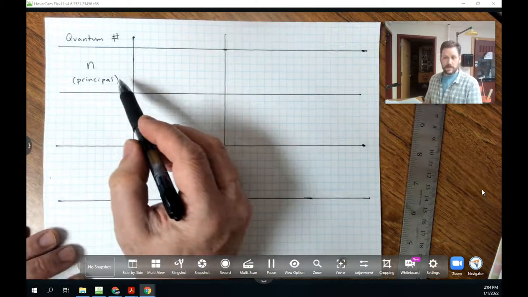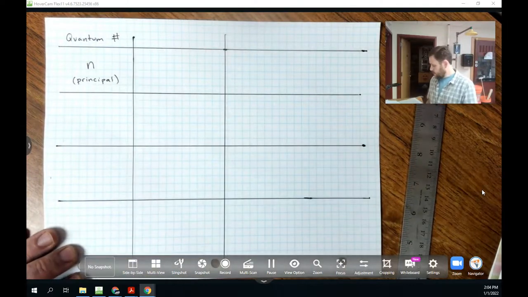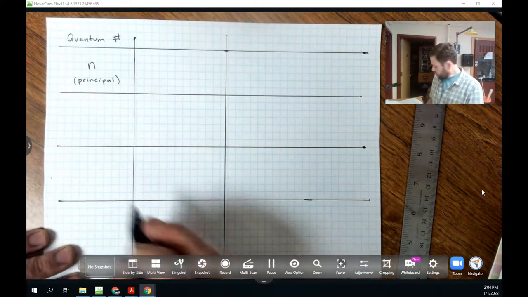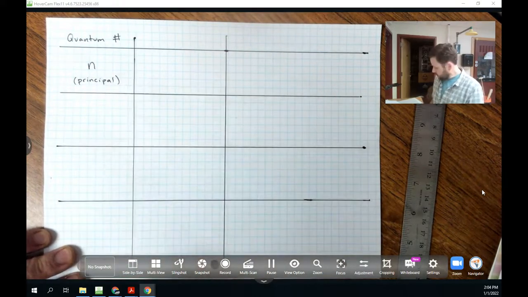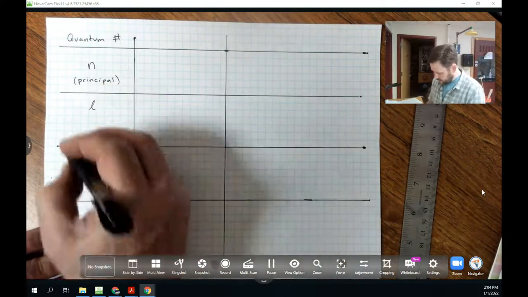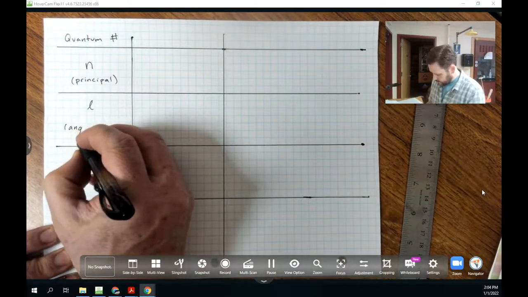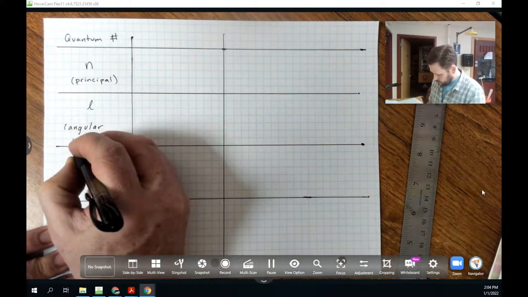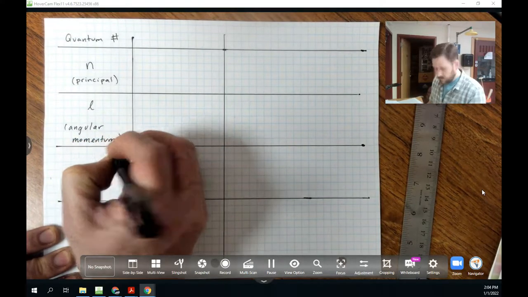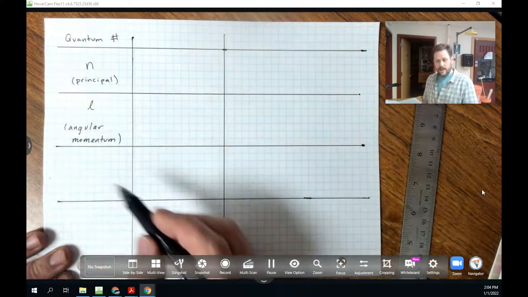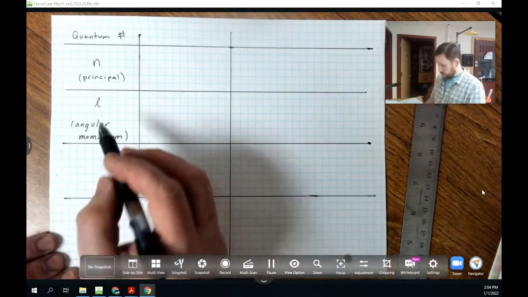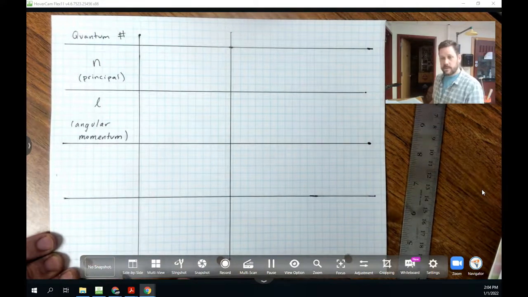This is really just like the state, and you need more detail in order to get a package delivered. So we're going to start with the principal quantum number, and then we're going to define what is called the angular momentum quantum number. And that is given the symbol l, and that's a lowercase cursive l. That's sort of like the city level address.